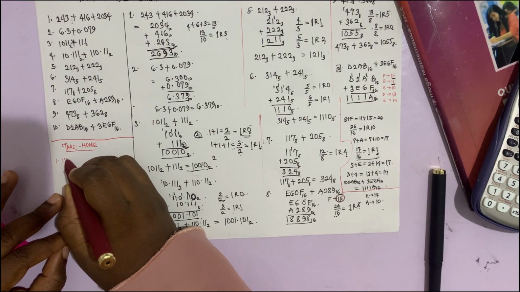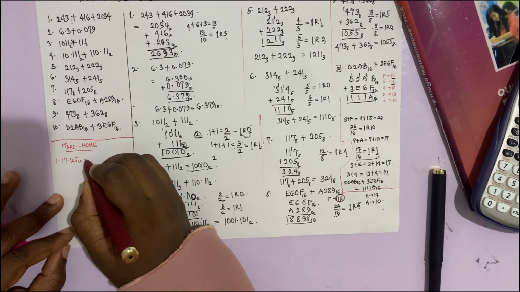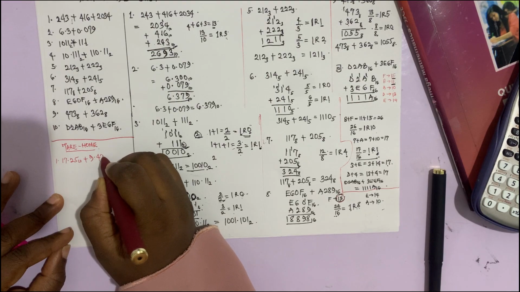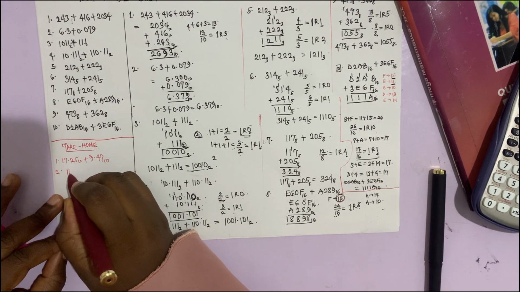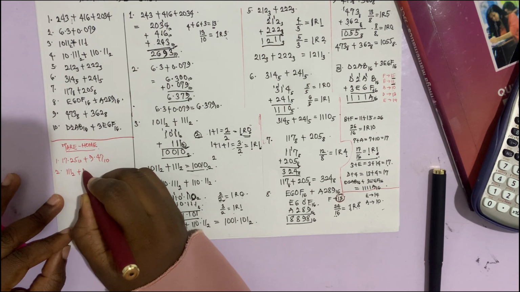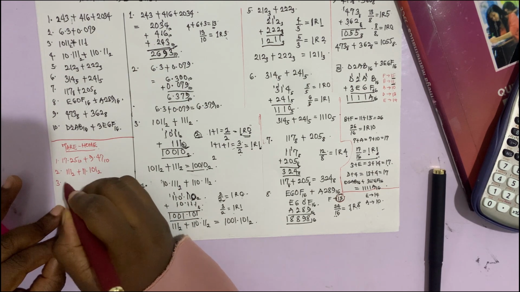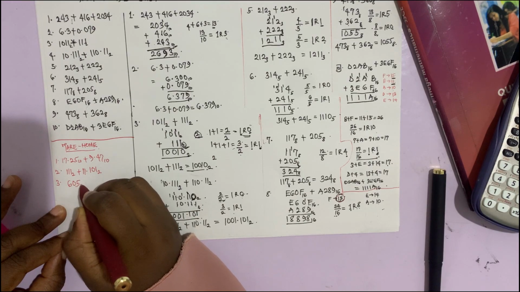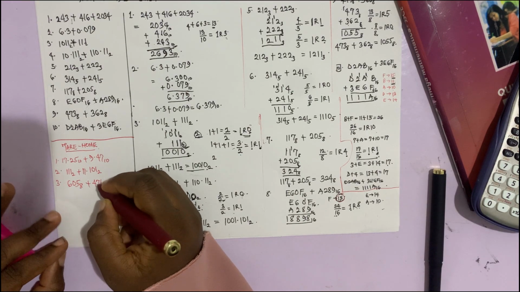Question 1, 17.25 in base 10 plus 9.47 in base 10. Question 2, 111 in base 2 plus 11.101 in base 2. Question 3, 605 base 8 plus 471 base 8.